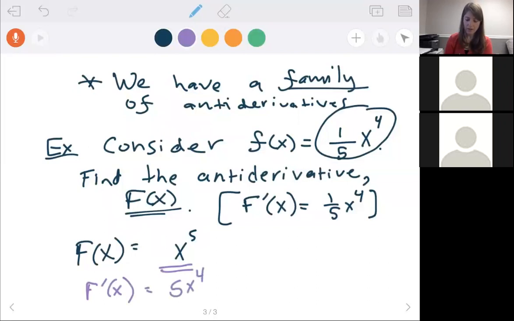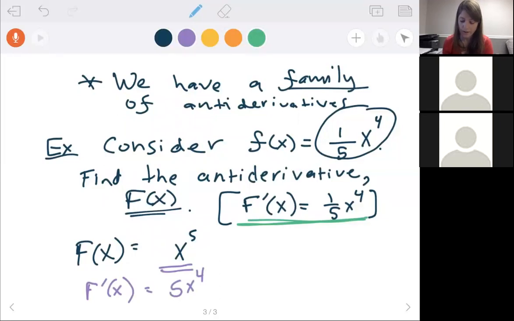So does that match what our particular function is supposed to be? Not quite, right? We have a 1/5 instead of a 5x to the fourth, or instead of a 5. One of the things that I think is challenging is it's easy to get lost in this notation. Don't let the little f's and the capital F's confuse you.